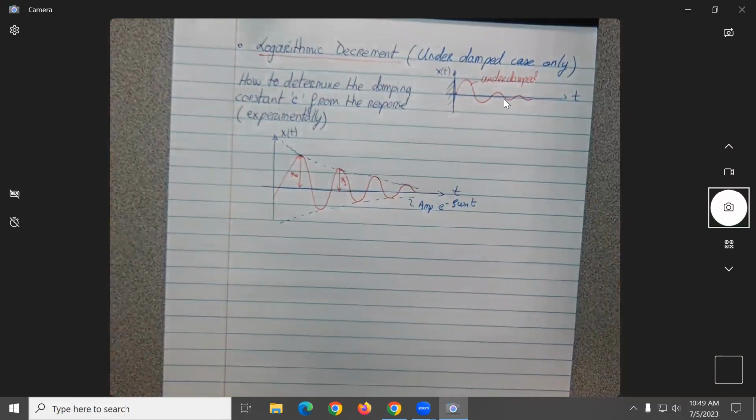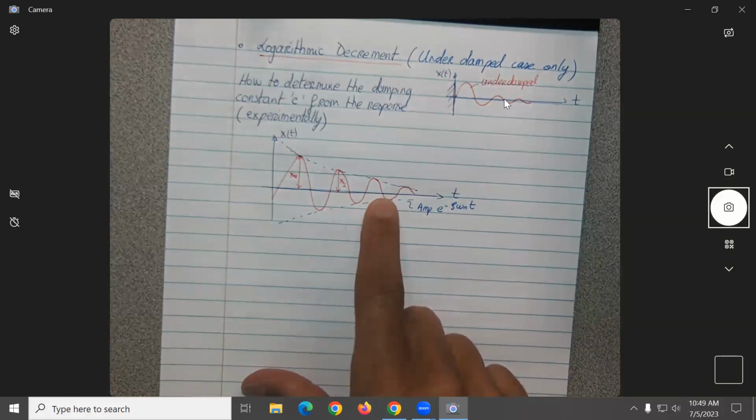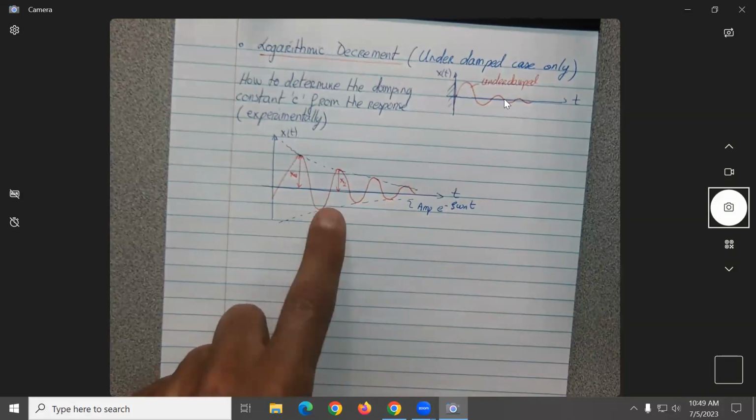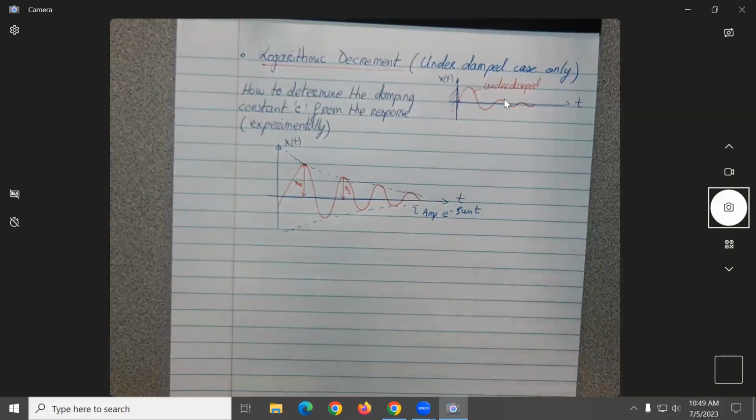Obviously, in this case, we can say it's ideal, in class, that it should be the same damping ratio between X2 and X3. But in real life, the way you will do this is that you will find the C between 1 and 2, 2 and 3, 3 and 4, and so on, and at the end, you will take some type of average. But in this case, let's just say we do 1.